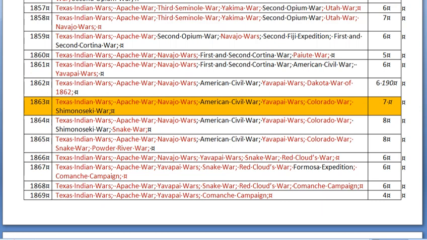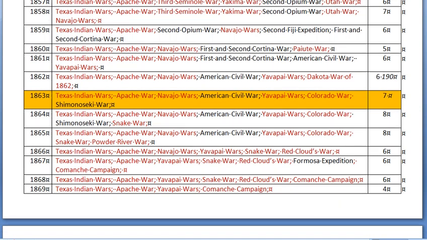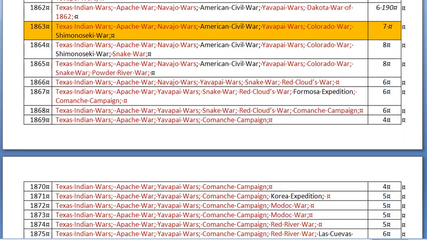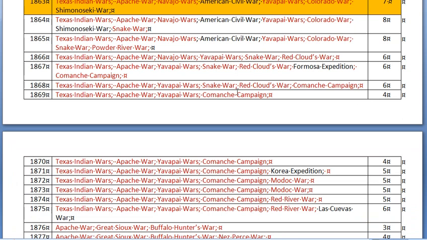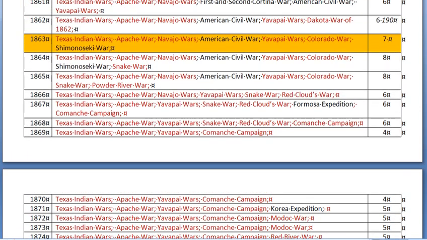All right. There's a lot of Indian wars here, and this is after the Civil War, or at least after the legislation in the Northern controlled Congress, which opened up Western expansion.